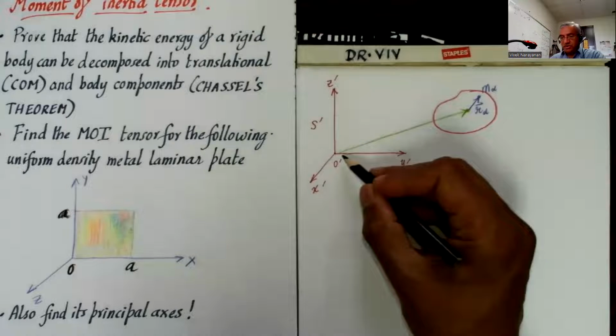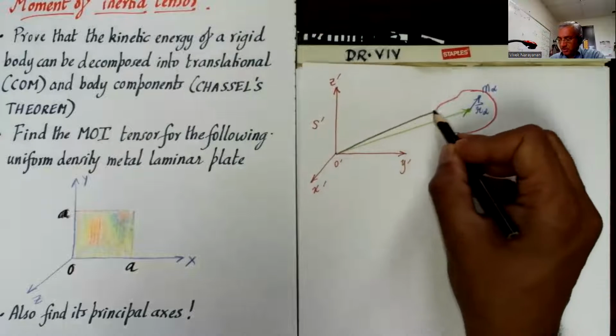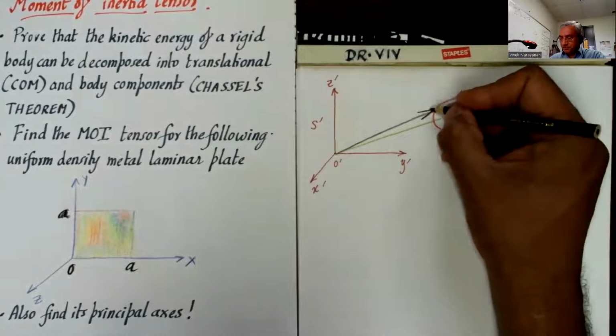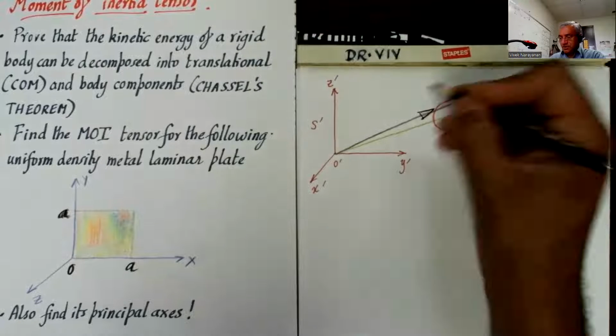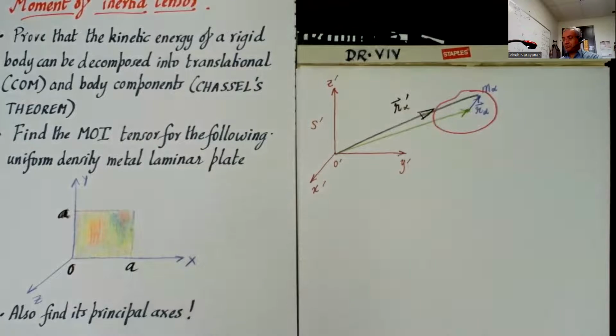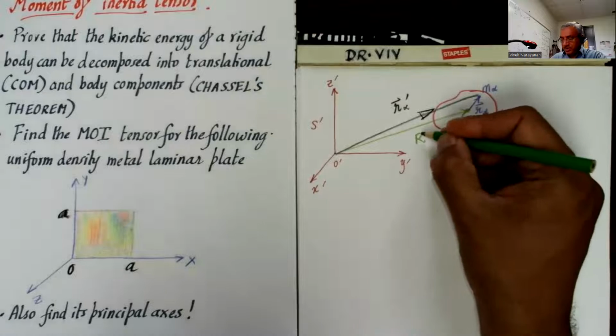Well, with respect to this origin, the location of that mass point is going to be given by this vector, which I'll call R alpha prime. The center of mass is located at a distance capital R.